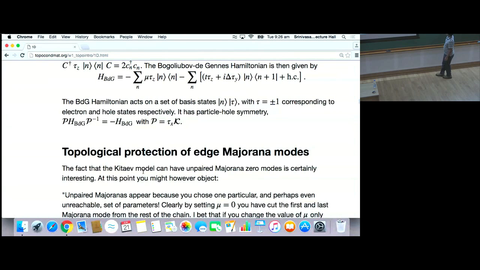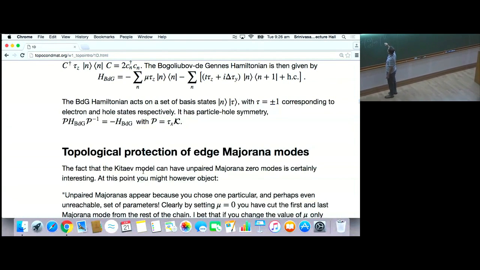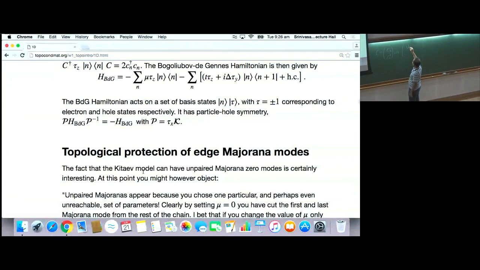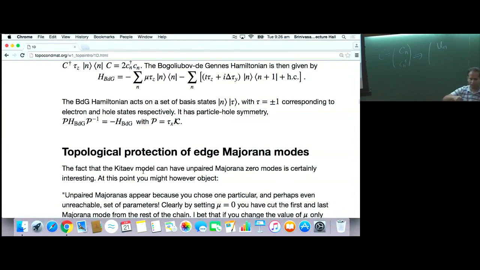When you go from second quantization to first quantization, this becomes a spinor, and these so-called Nambu matrices are Pauli matrices tau x, tau y, and tau z that act on this two-component space.